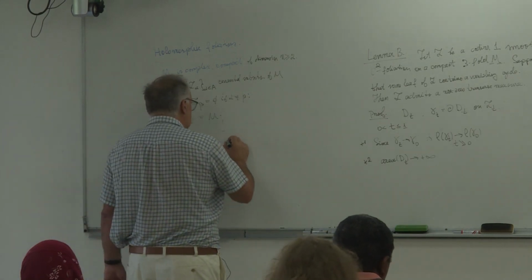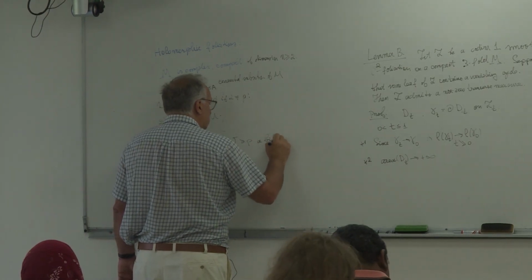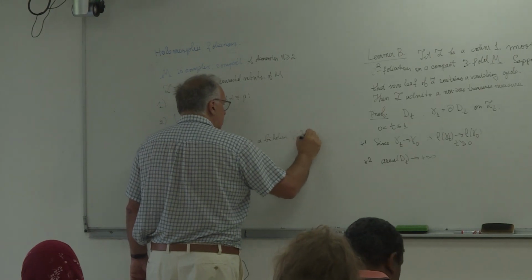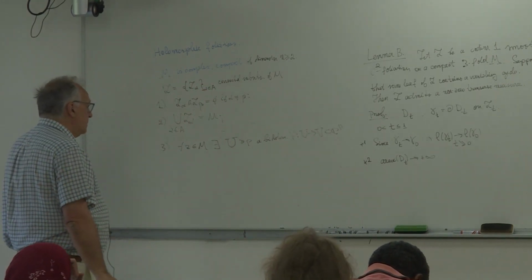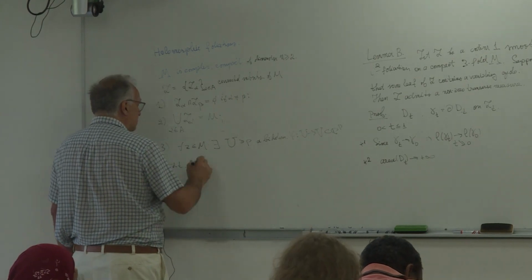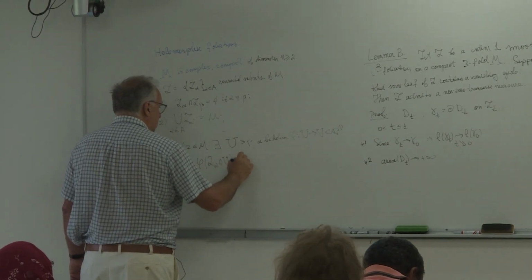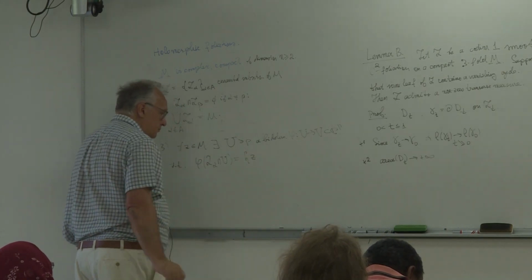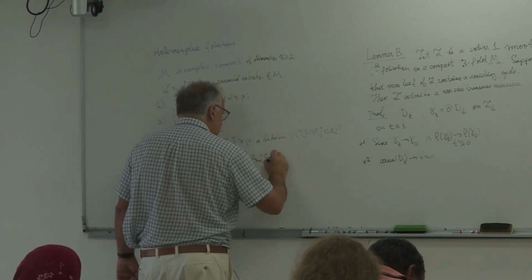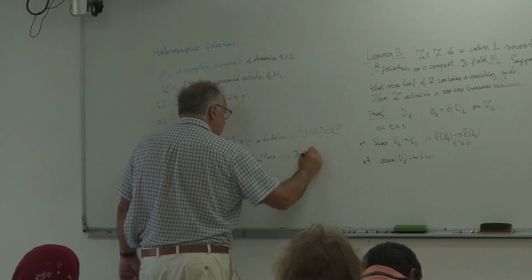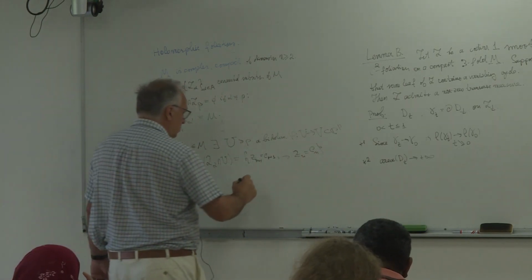There is a neighborhood U of the point, a biholomorphism phi from U to some open V in C^n, such that the plaques phi of L_alpha intersected with U are z_{p+1} equal to c_1, ..., z_n equal to c_n for some constants, yes?